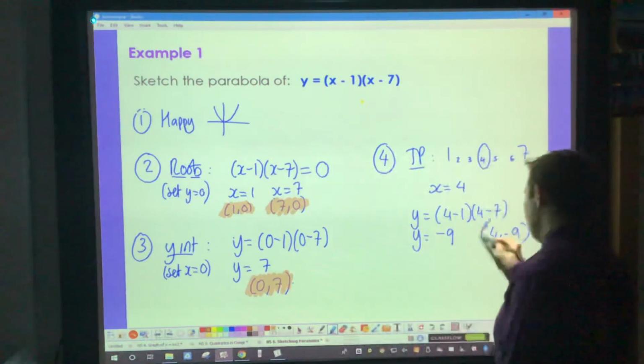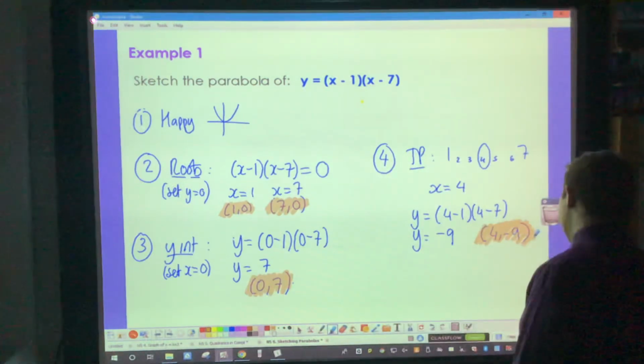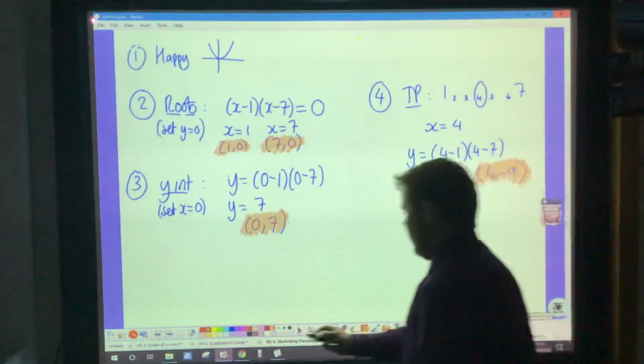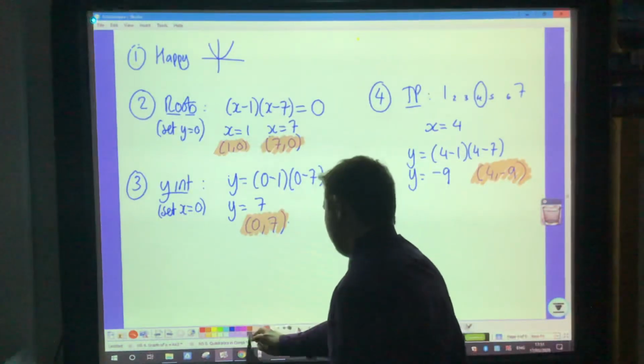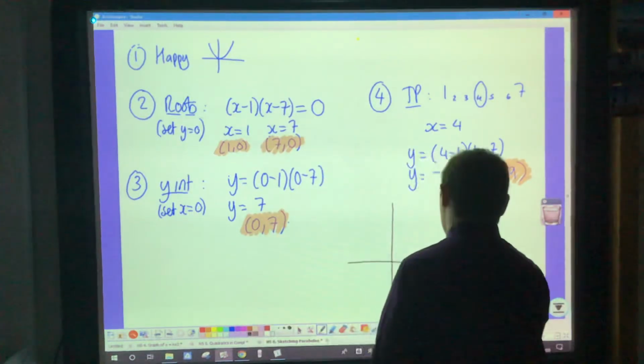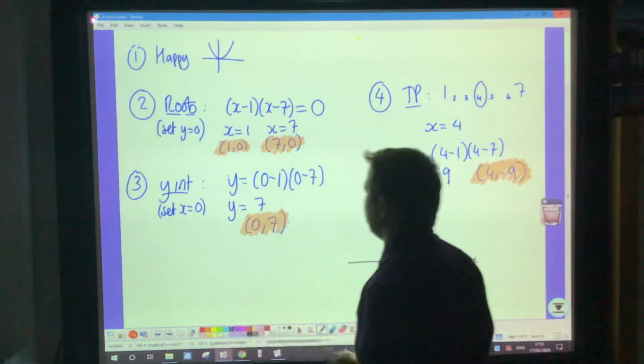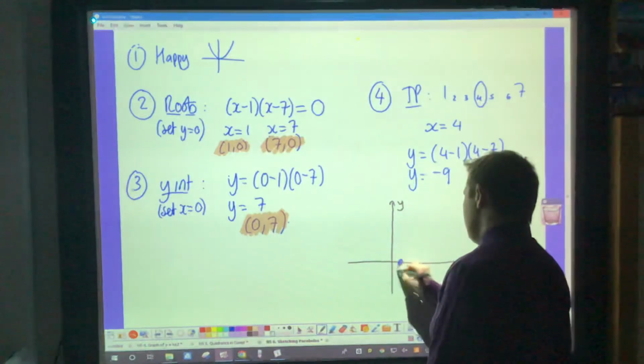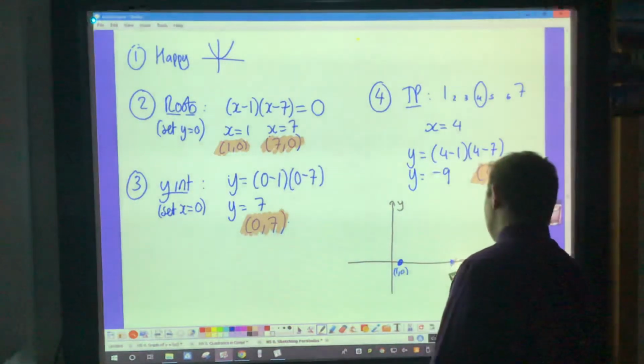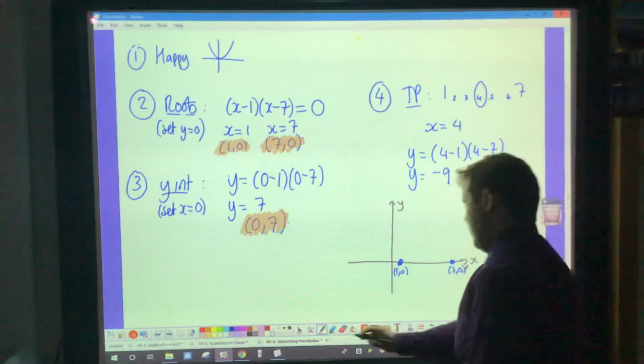And to finish off, I'm going to put all of that on a diagram. So I'm just going to bring the page down a bit. On a diagram, it's going to go x and y. So what have I got? Well, let's put the points in blue. So I've got 1, 0. I've got 7, 0. Okay, maybe extend that down a wee bit.